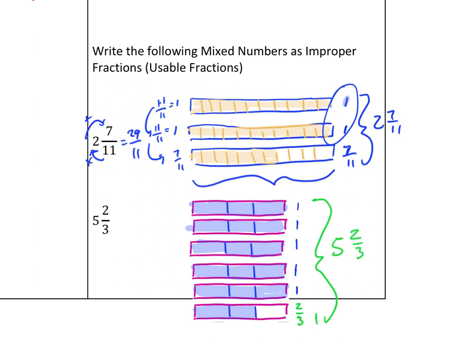But this is also 1/3 here, 3/3 here, 3/3 here, 3/3 here, 3/3 on this one, 3/3 on this one, and 2/3 here. Okay, so all together here, we have 15/3 plus the 2/3, which gives us 17/3, right?